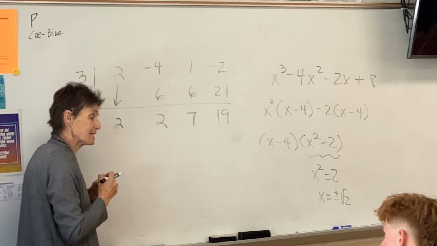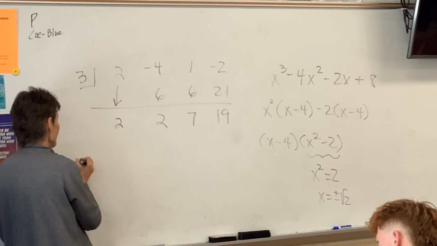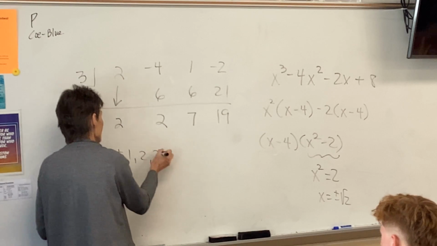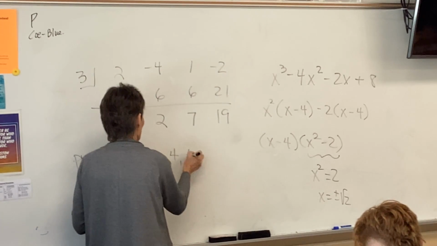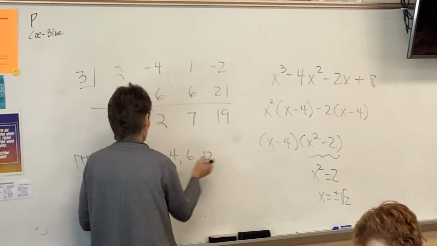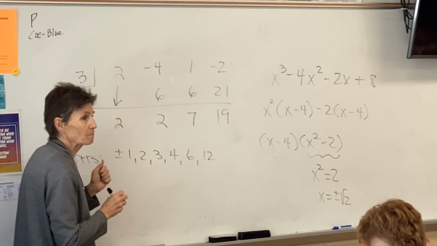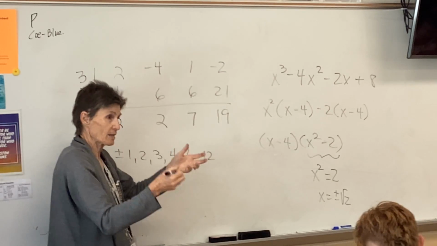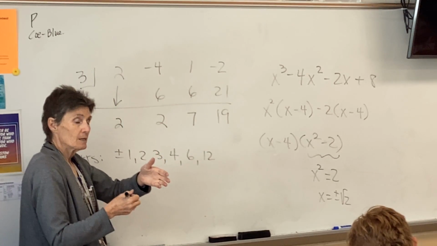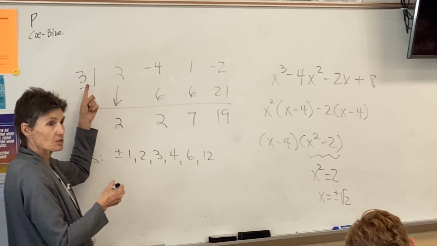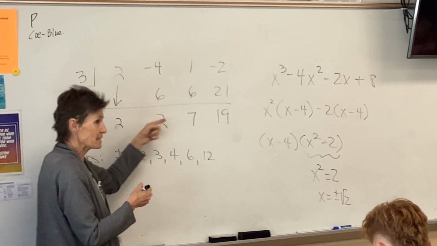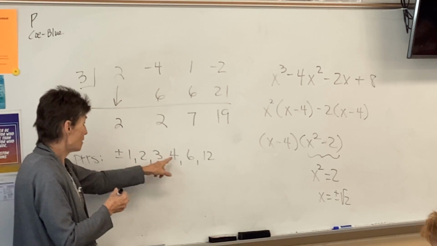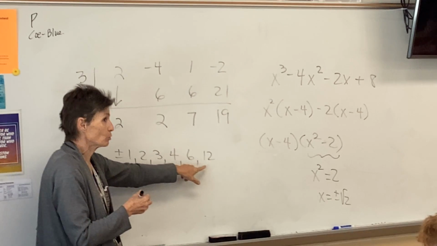Now I want you to think about having a polynomial where maybe your PRRs are 1, 2, 3, 4, 6, and 12. And you are guessing numbers like we did a minute ago. As soon as you guess 3 and this happens, then you will not be guessing 4 or 6 or 12.